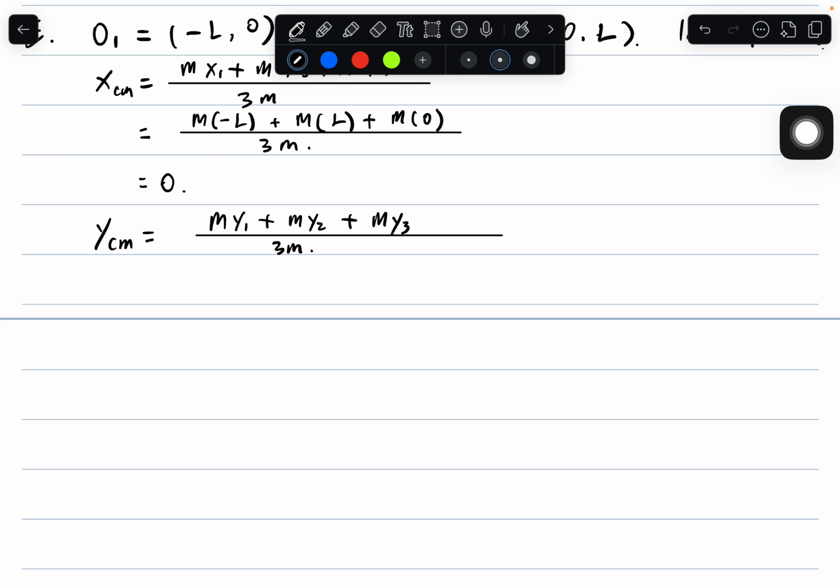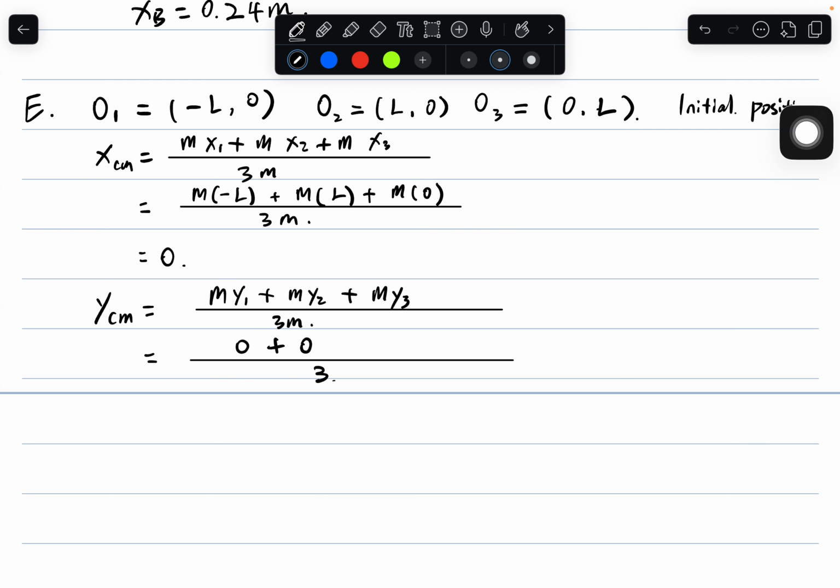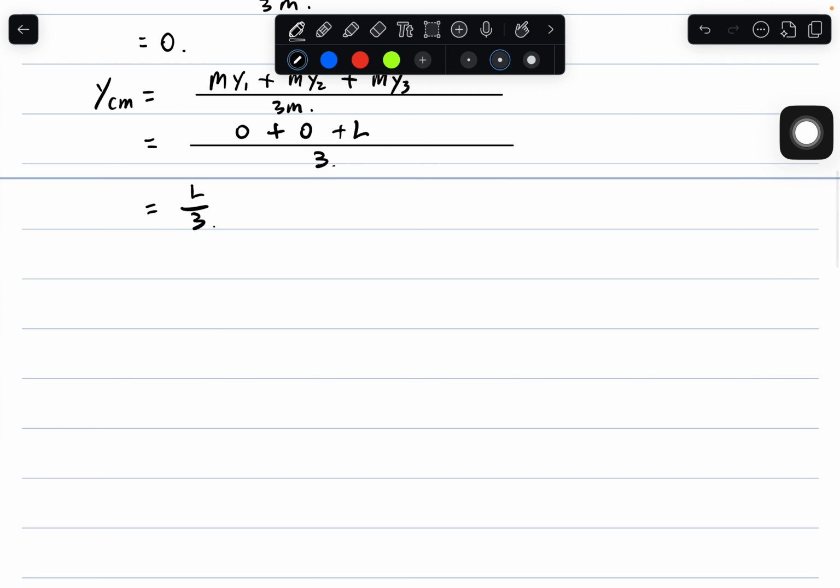All the m's cancel out, so y1 equals 0 plus 0 plus L. It doesn't give the unit, so we just use coordinates. So the coordinate of the center of mass will be L over 3.